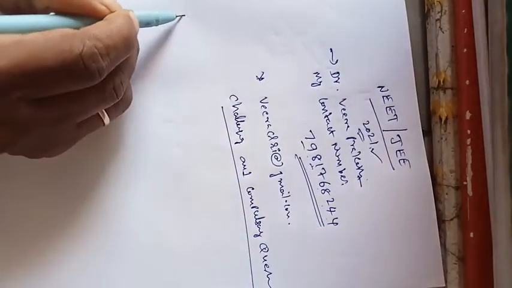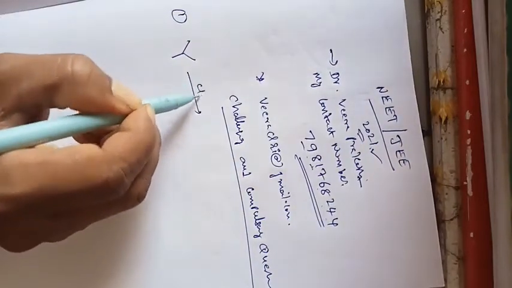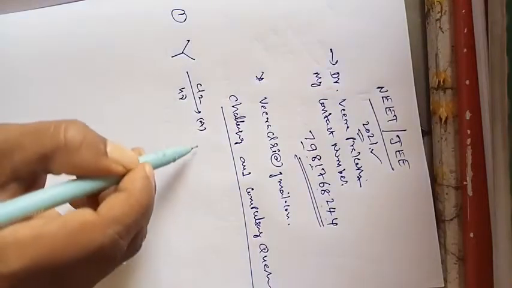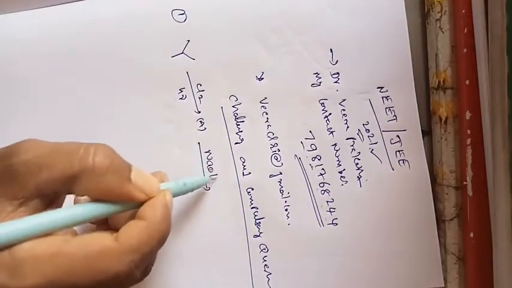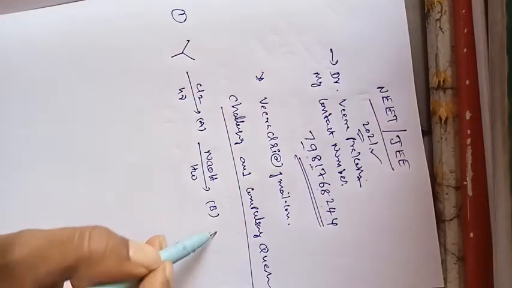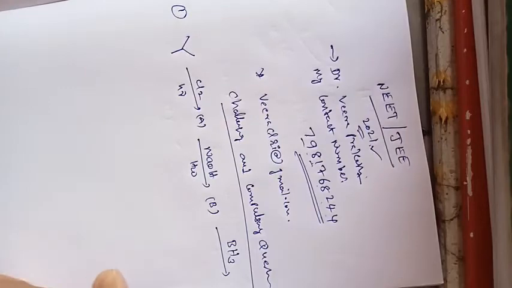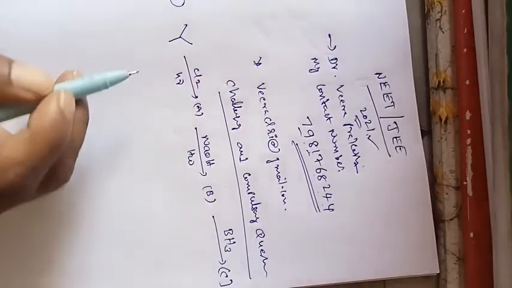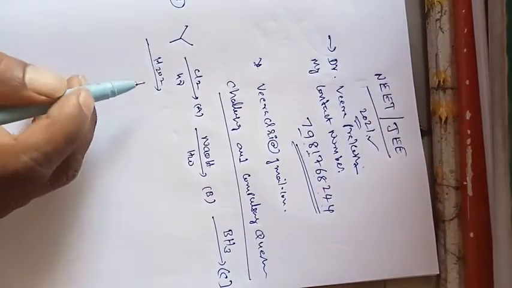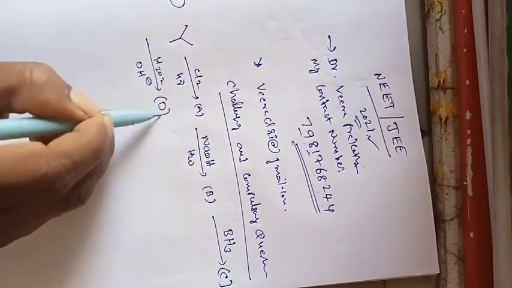First one, for example: isobutane reacts with chlorine to give the A product. Again, upon reaction with sodium hydroxide and H2O, B product. Again, this one with diborane B2H6, C product. Again, hydrogen peroxide oxidation followed by hydrolysis, D product.